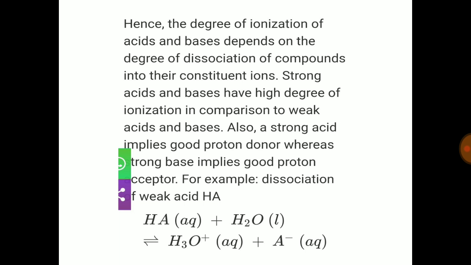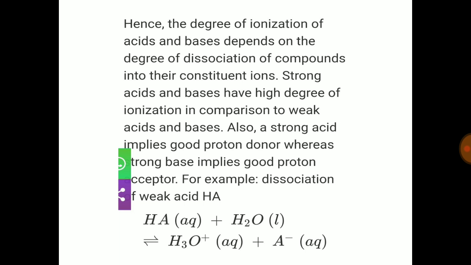Strong acids and bases have a high degree of ionization in comparison to weak acids and bases. That is, strong acids and strong bases dissociate completely in a solution to produce a large number of ions. On the other hand, weak acids and bases do not dissociate completely to produce more ions.